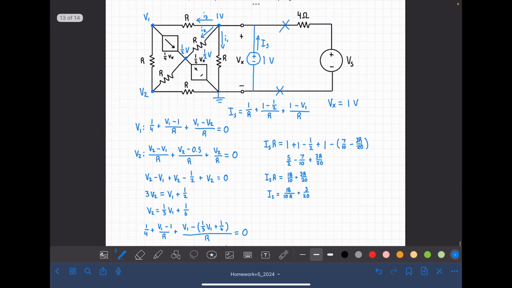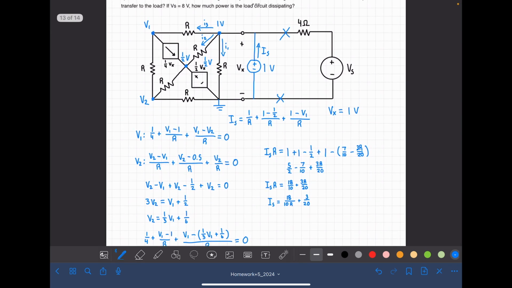Okay, so now we know the current being used up by our external source.